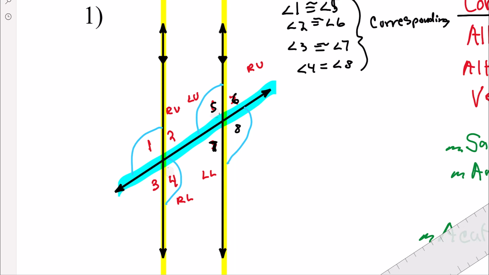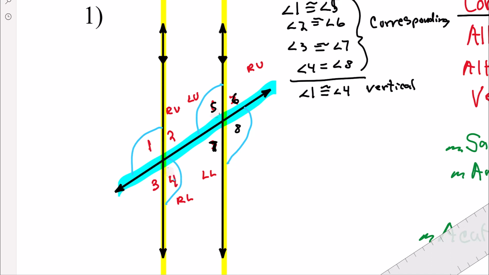And notice angle 1 shares a vertex with angle 4. So we could say angle 1 is congruent to angle 4 because those angles are vertical. So hopefully you guys see that? They go right across from each other and they share that vertex right there.